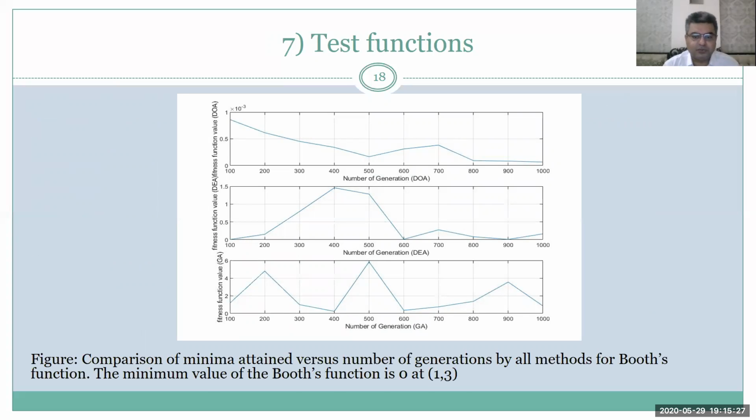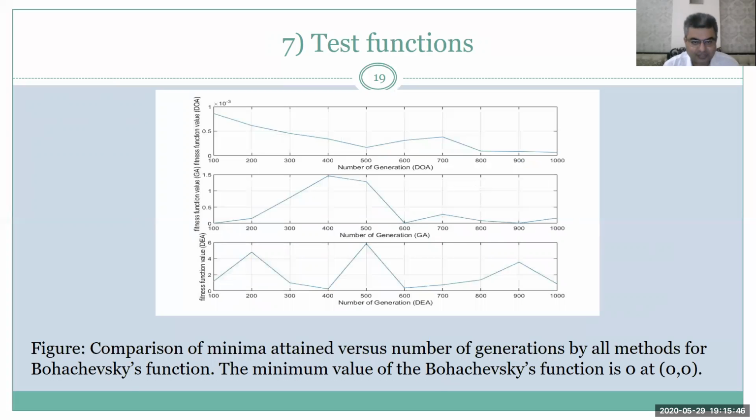The minimum value of the Booth function is 0 at (1, 3), and it can be seen that the DOA attains much closer values as compared to the DEA and GA for the Booth function. And for the Bohachevsky's function, again, we can see that the DOA is attaining better and more accurate values near the value of 0 at (0, 0).